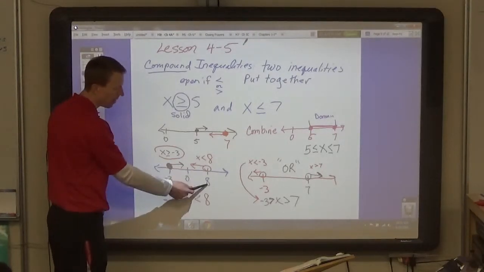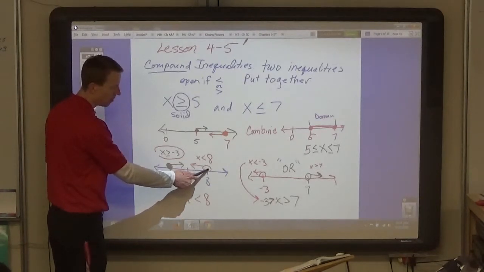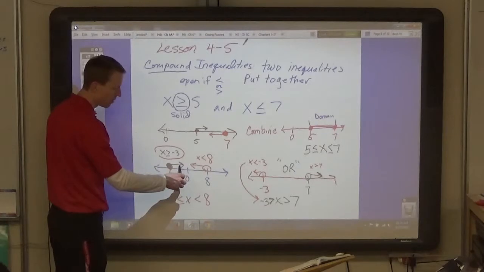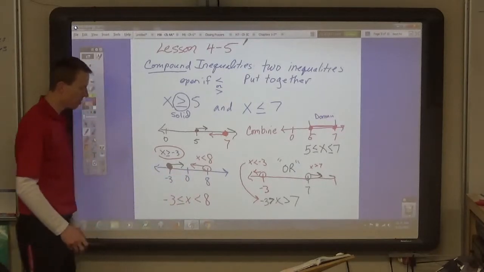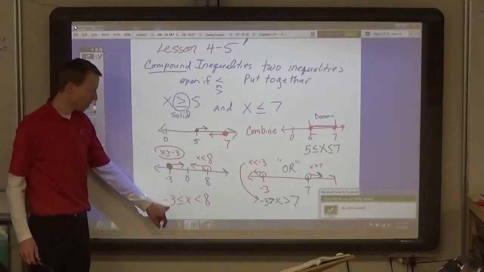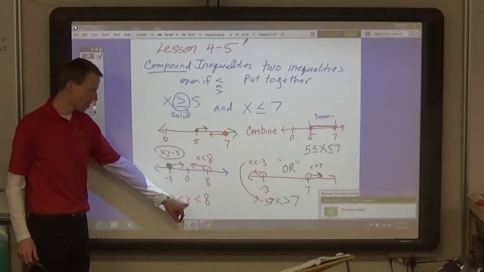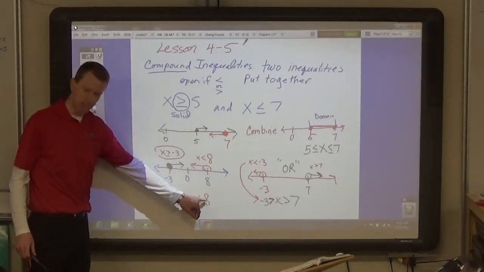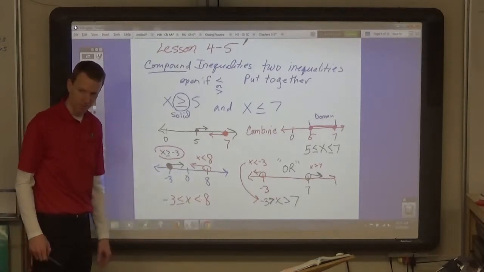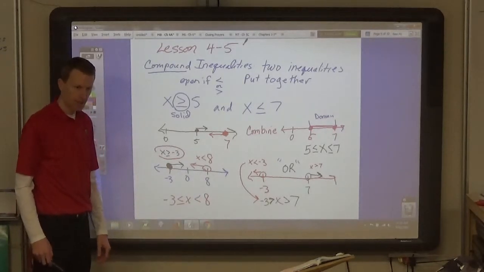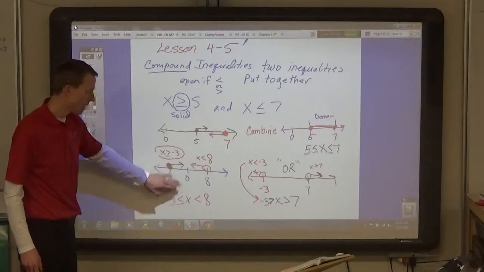So you mark 8 on the number line, mark it with an open dot, and then shade to the left. And when you combine those, you have -3 is less than or equal to x, which is less than 8. And that's how you combine that statement.